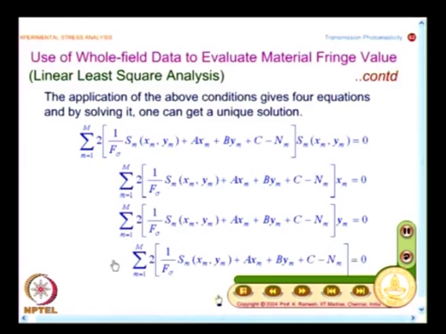Right now this looks unwieldy, because I have summations and so many terms in the series. But on the other hand, if you look at the matrix representation, the matrix becomes very simple, because you should understand how the matrices are multiplied.